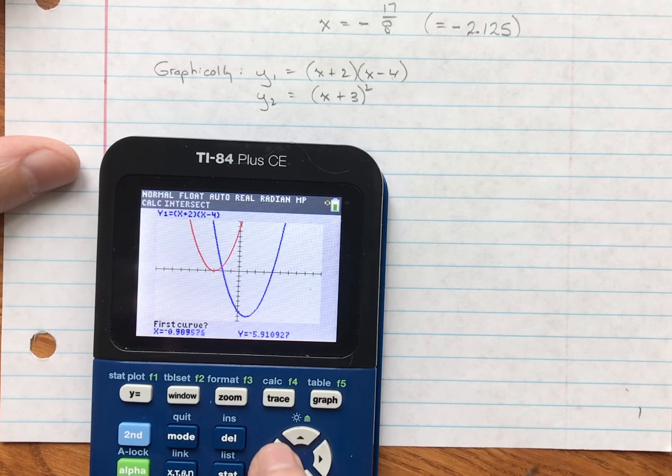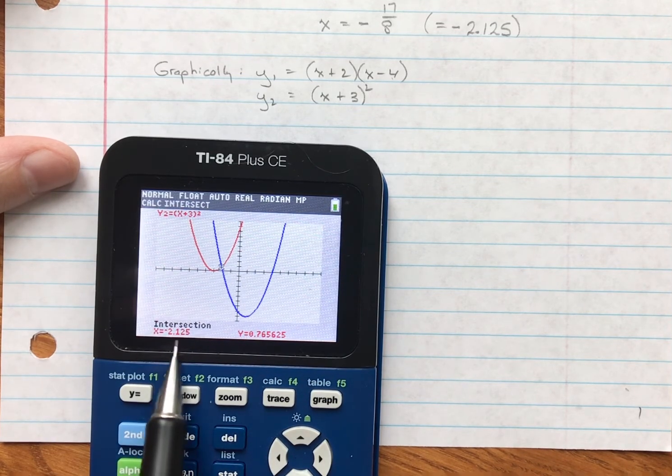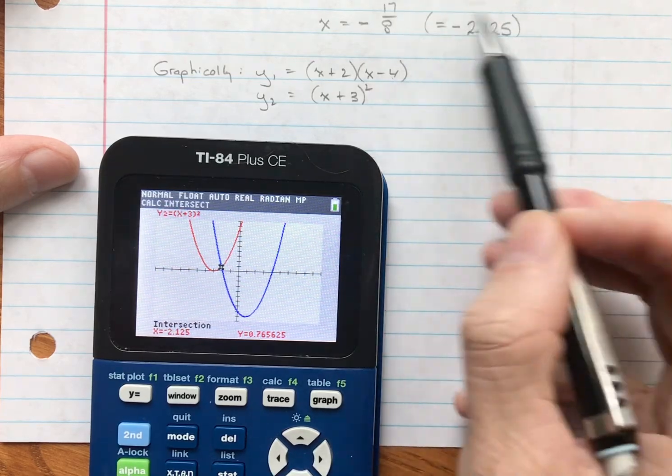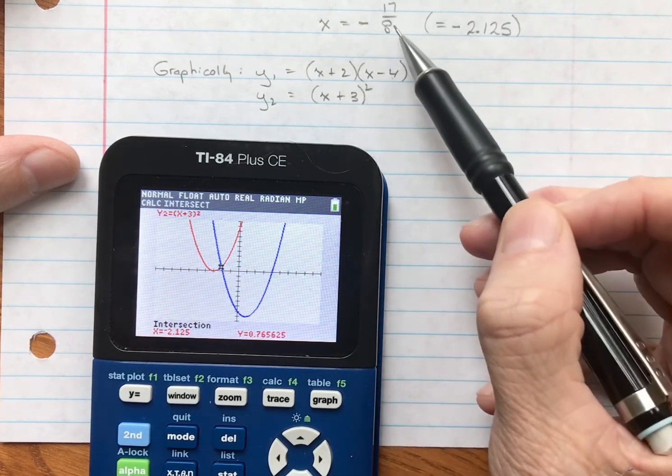I move my cursor close to the intersection, on the first curve y1, then the second curve y2. Guess, and sure enough, negative 2.125 comes up right there.